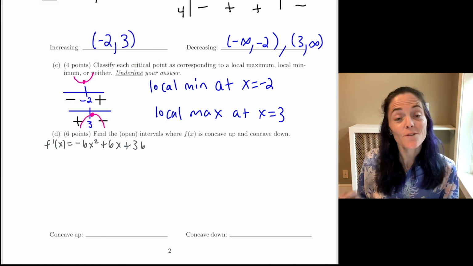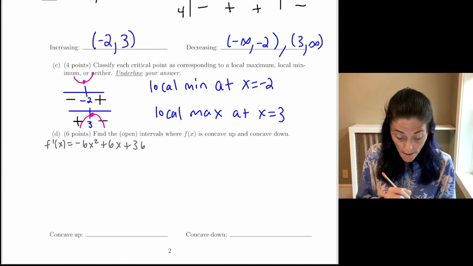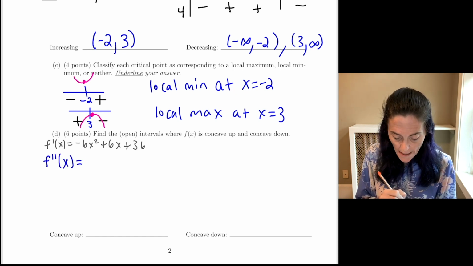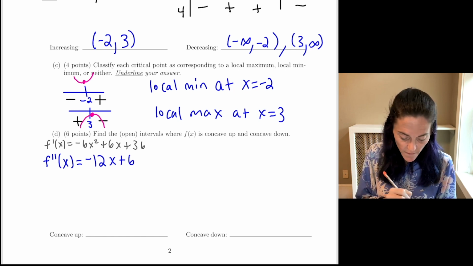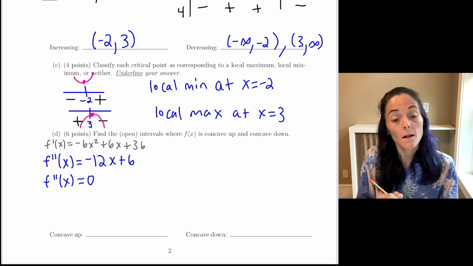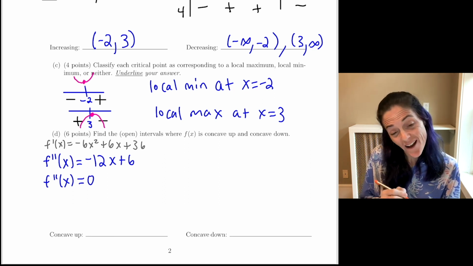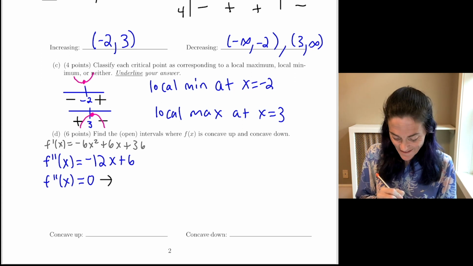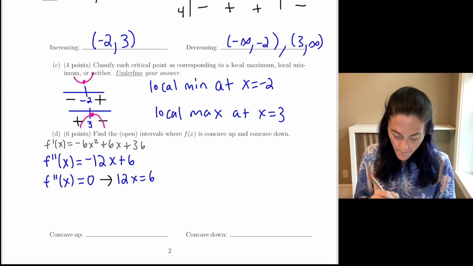Now, what I need for this question is the second derivative. So let's differentiate again. The second derivative, we have minus 12x plus 6. And the second derivative is 0, well, when 12x equals 6, or x is 1/2.